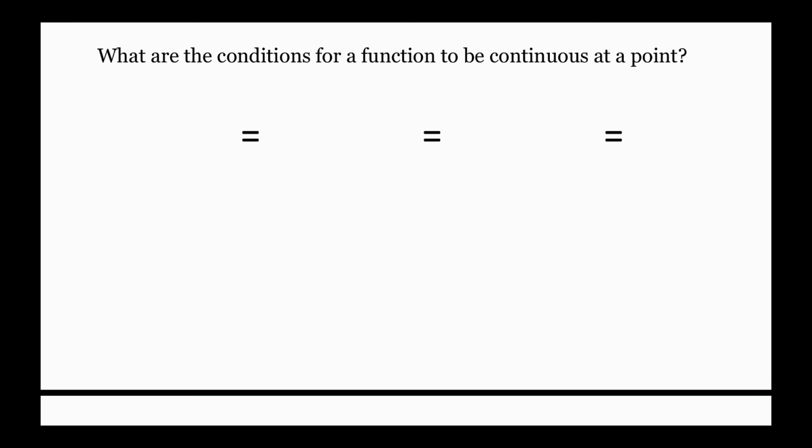We had 3 types of discontinuity: jump discontinuity, vertical asymptote discontinuity or infinite discontinuity, and removable, which was holes. So how do we check to see if something's continuous so that it didn't have those things?